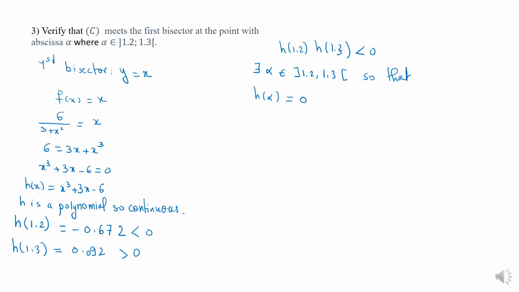H of alpha is equal to 0 is equivalent to f of alpha equals alpha.